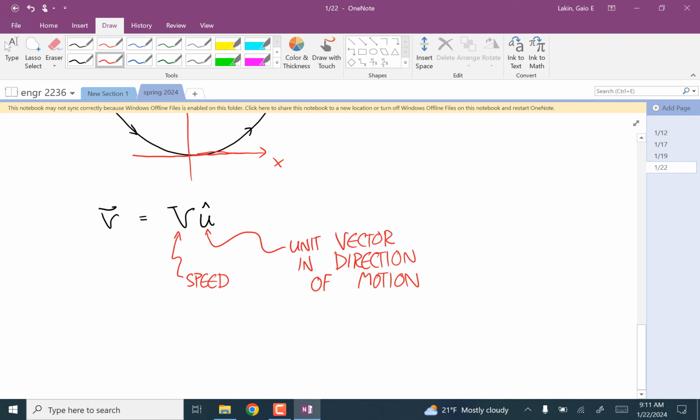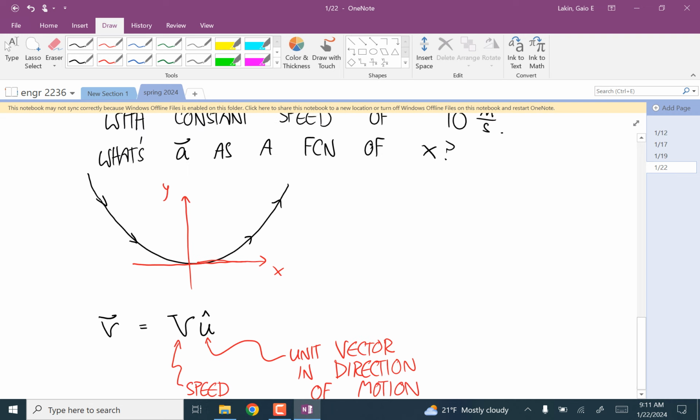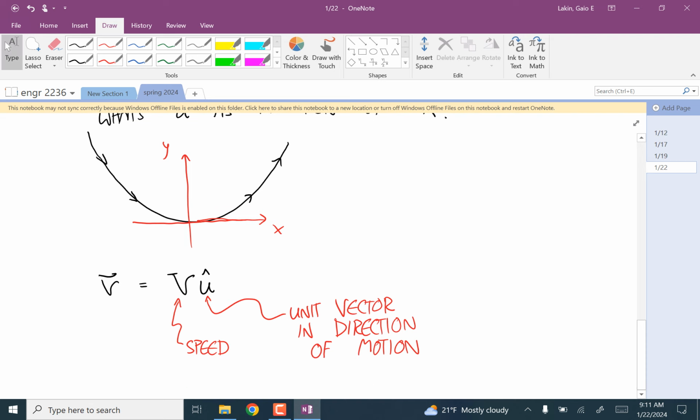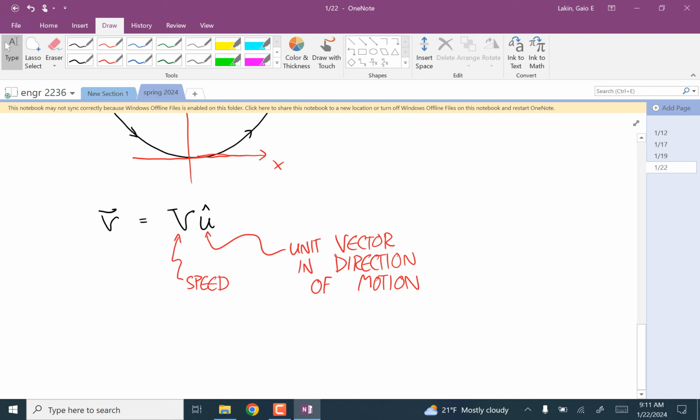Well, coming up with the speed, we already have that. We were given that. Sometimes you'd be given that as a function of x also, or a function of the position component also. But we have to come up with that unit vector in the direction of motion. So how are we going to represent that?